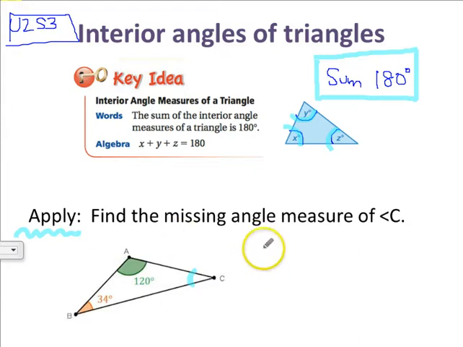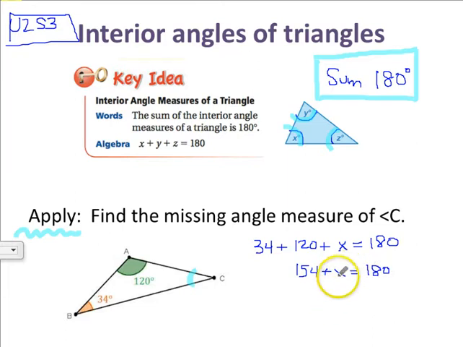Well, we know that if we add up all the angle measurements, the two that are given, 34 degrees plus 120 degrees, and I'm going to call our missing angle X, we should get a sum of 180 degrees. So let's go ahead and do the math now. 34 plus 120, and we get 154. Add that to X, that gives us 180.